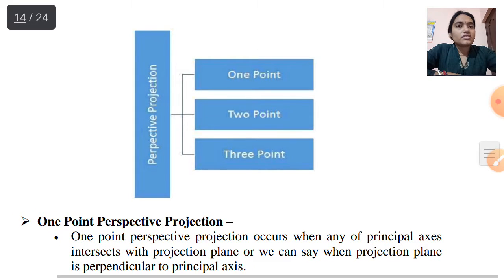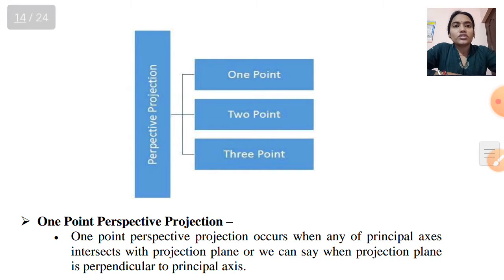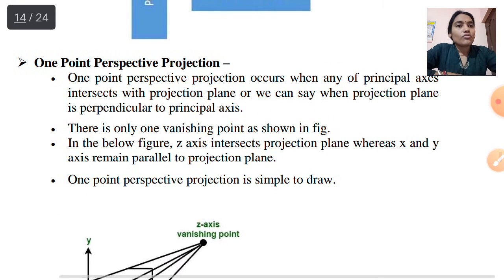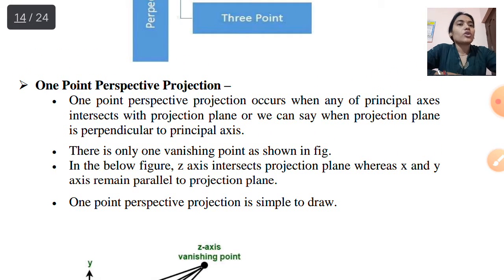Now we discuss the perspective projection types. Perspective projection can be categorized into 3 types. First is 1 point, second is 2 point, third is 3 point. First we discuss 1 point perspective projection. 1 point perspective projection occurs when one of the principal axes intersects the projection plane, or we can say when the projection plane is perpendicular to the principal axis.